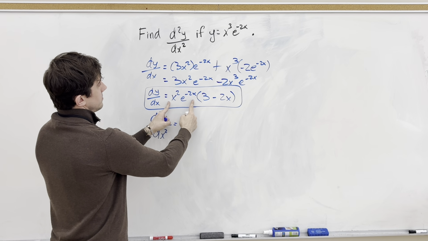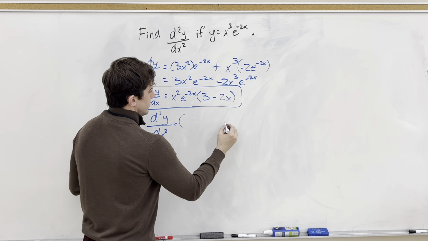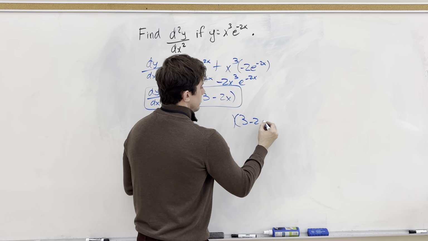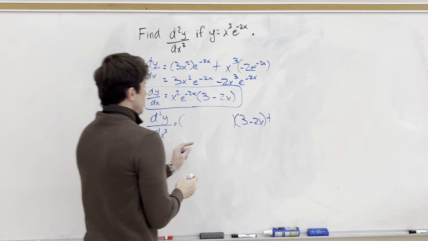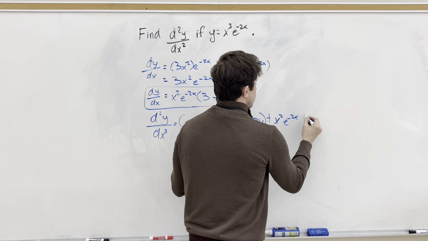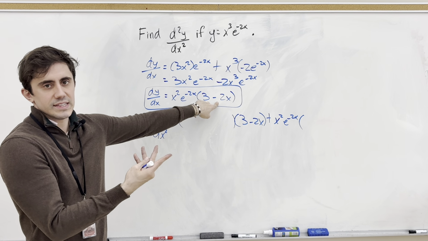Now, this is going to be fairly straightforward. So we'll do, again, the derivative of the first part times the second part plus the first part, x squared e to the negative 2x, times the derivative of the stuff inside the bracket. That's why I think this is so efficient.